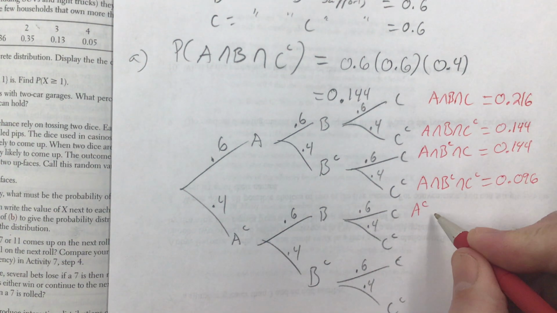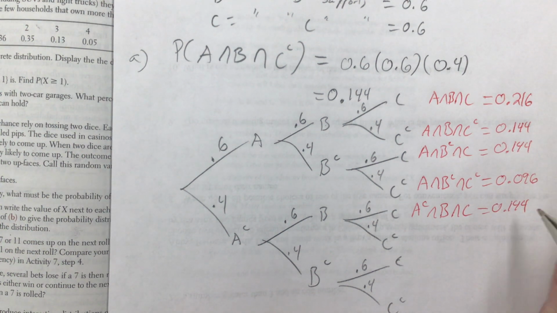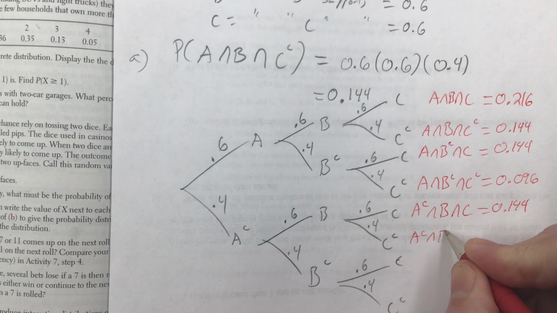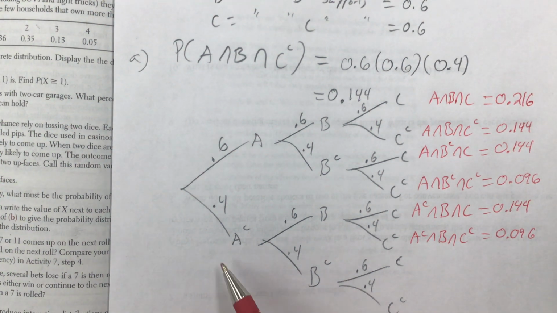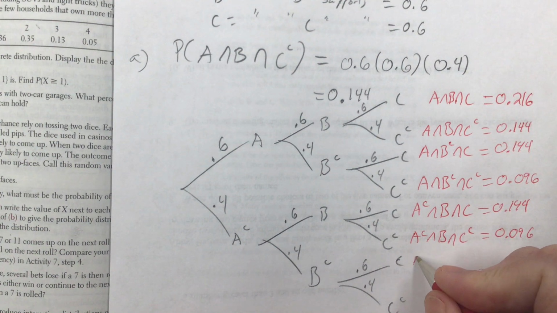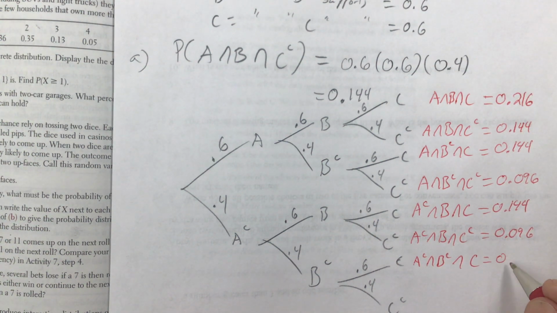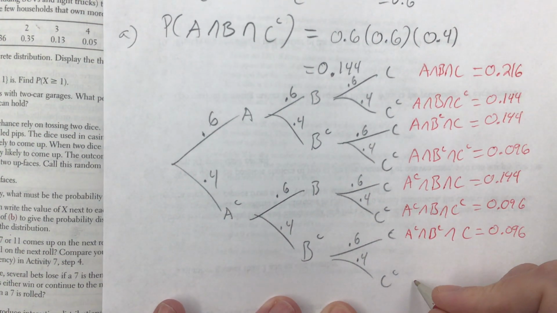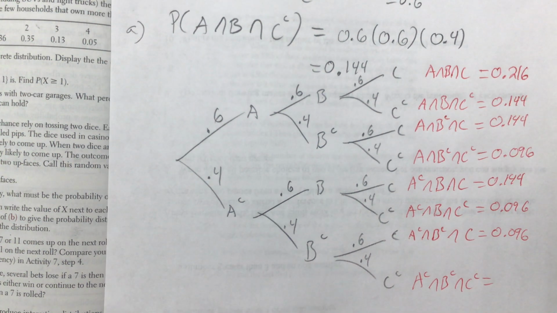This one is not A, B, and C. Not A, B, not C. Okay, not A, not B, C. Okay, and then our least likely outcome down here, all three opposing. And that's going to be 0.4 cubed.